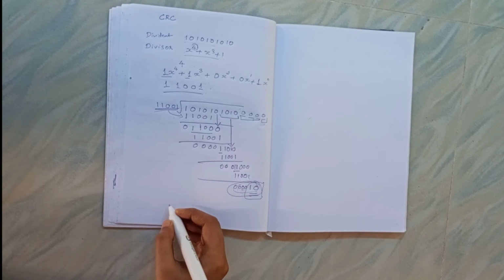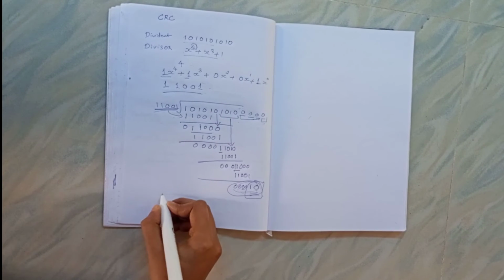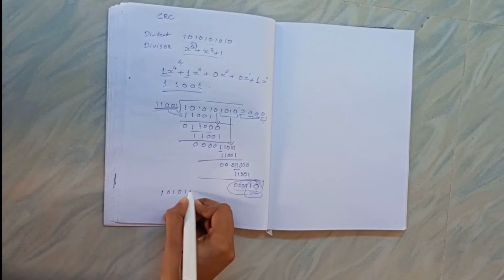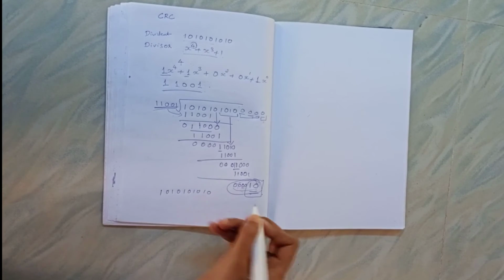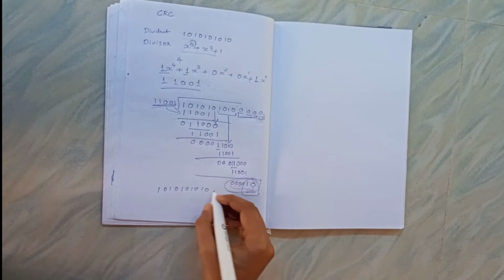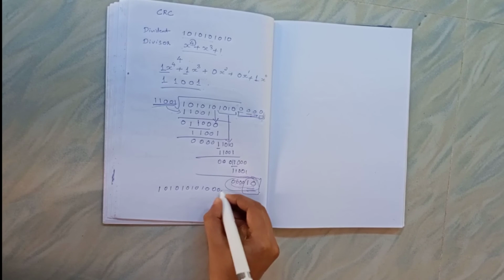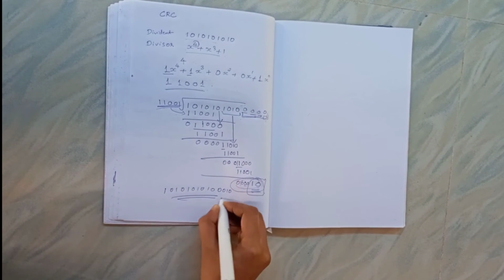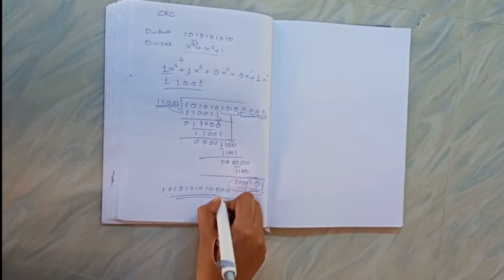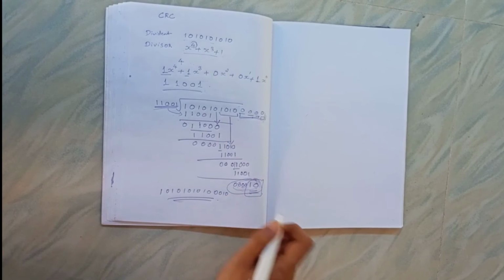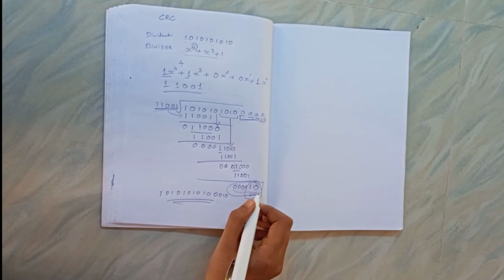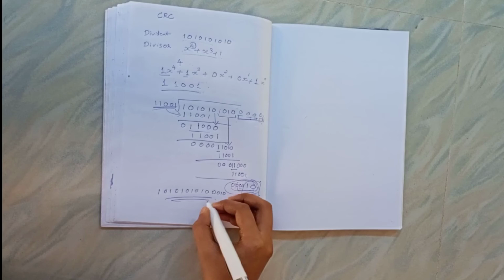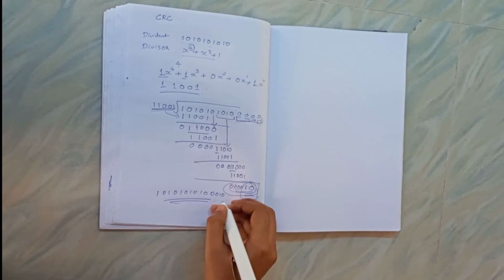So the code sent to the receiver will be 1010101010, and for these 4 bits it will be 0010. So this is the code sent to the receiver by the sender. That is, the remainder is appended to the dividend.